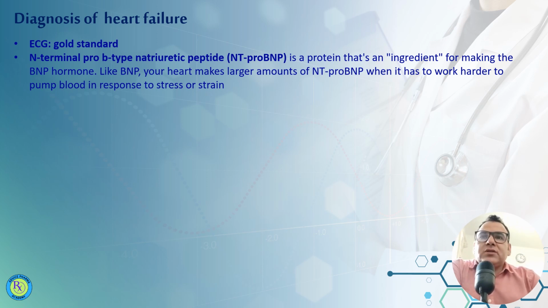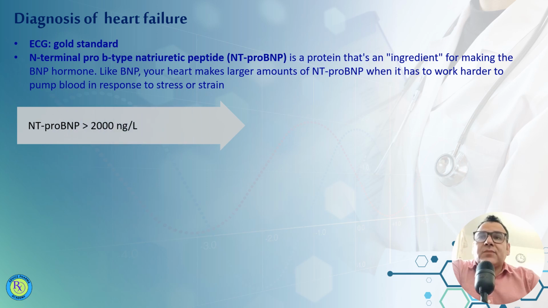This is a protein produced when the heart is exposed to stress. During heart failure, the heart is under stress or strain to pump blood, so this protein will be produced in large quantity. So NT-proBNP is used as a biomarker of heart failure.